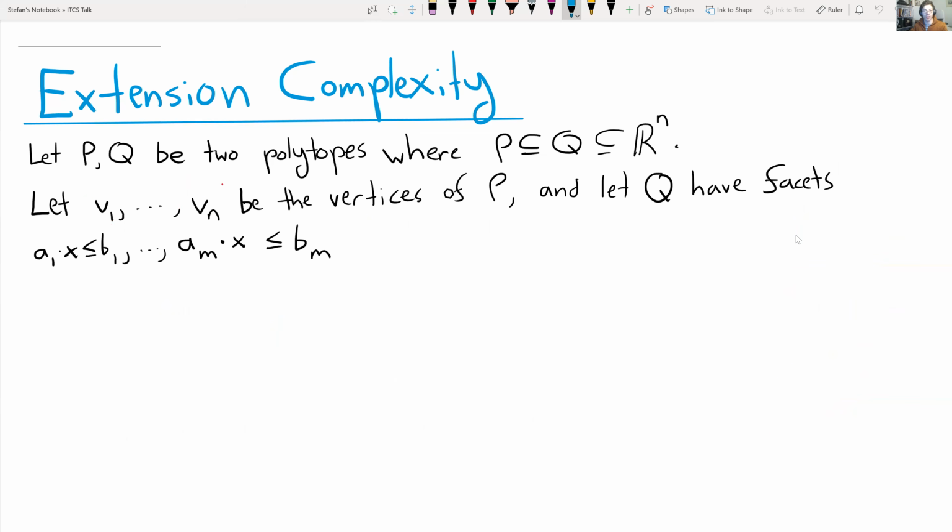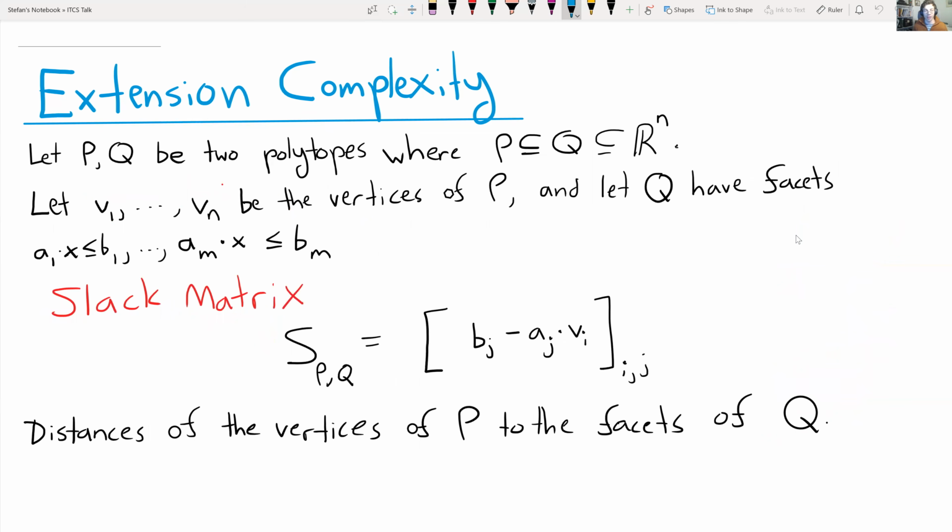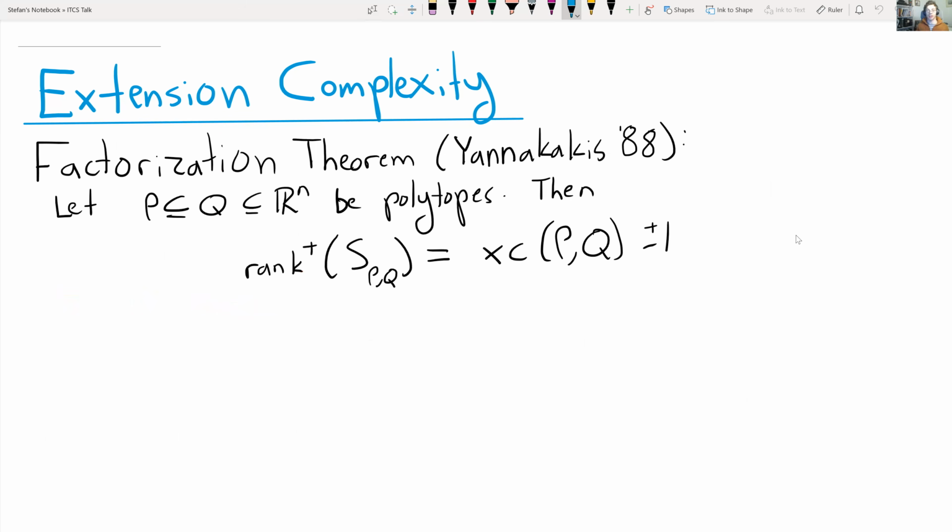And from this, we get this slack matrix, which is a non-negative matrix that contains as elements the distances from the vertices of P to the facets of Q. And so a beautiful theorem from Yannakakis in 1988 is that the non-negative rank of the slack matrix is in fact equivalent and completely encapsulates extension complexity.